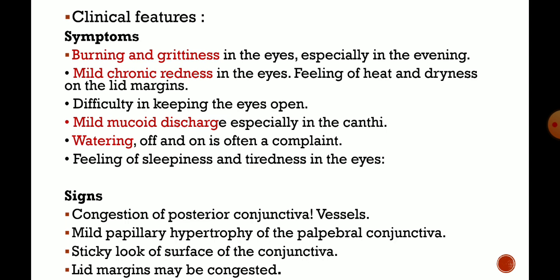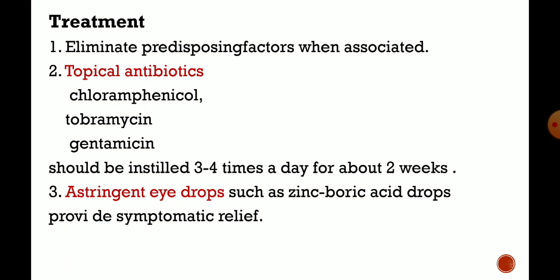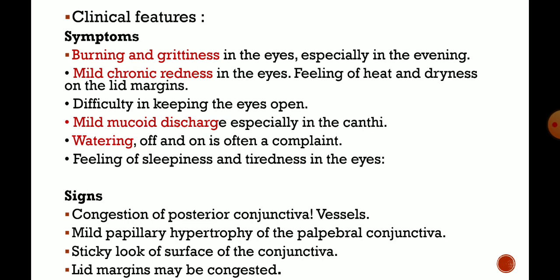Conjunctiva will have a sticky look of surface. Lid margins are congested. So you give some eye drops, some lubricants, some antibiotics, because the patient is having dryness, grittiness, burning.